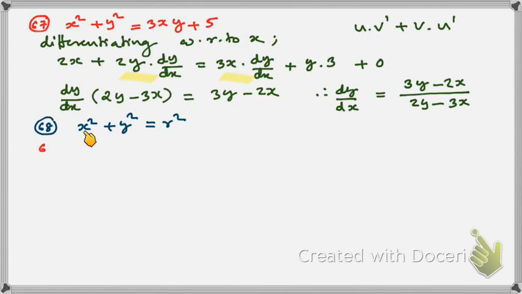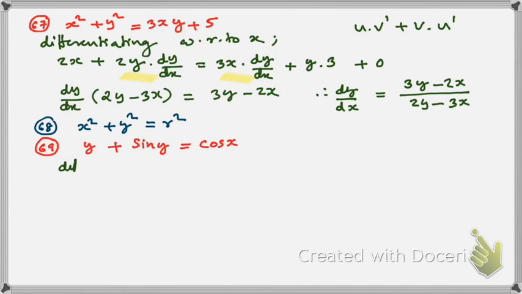This is an equation which involves both x and y, and y is not explicitly written in terms of x. Of course, I can find out y if I need, but it falls under the category implicit function. So when I differentiate, x square will be 2x, y square will be 2y into dy by dx is equal to 0, and then you solve for dy by dx. That's something which you need to try on your own.